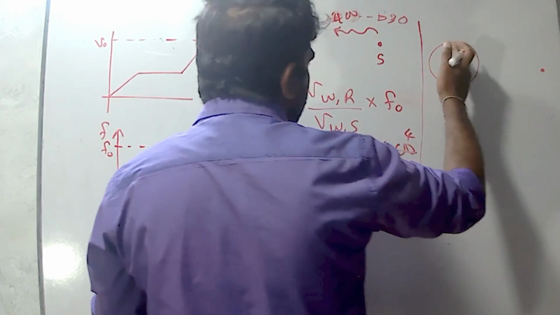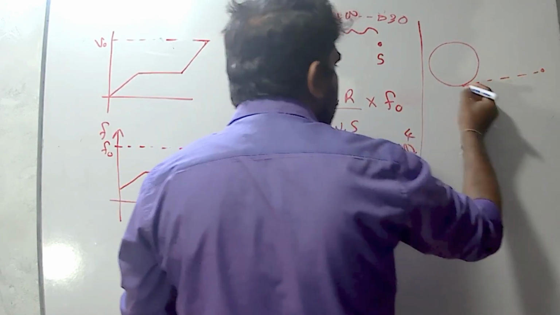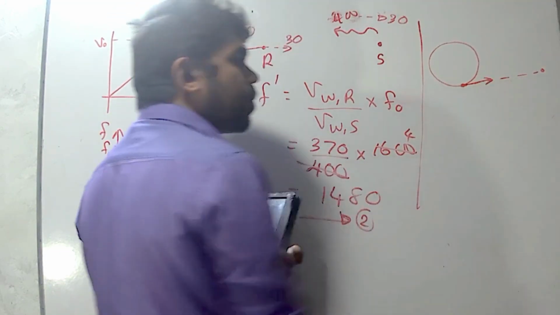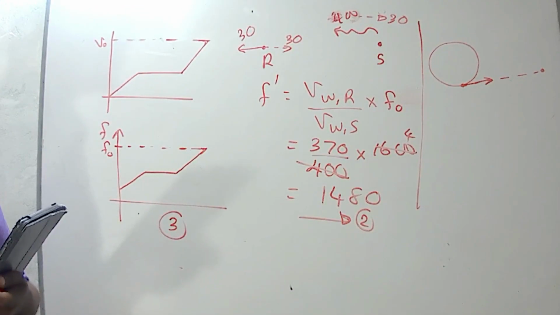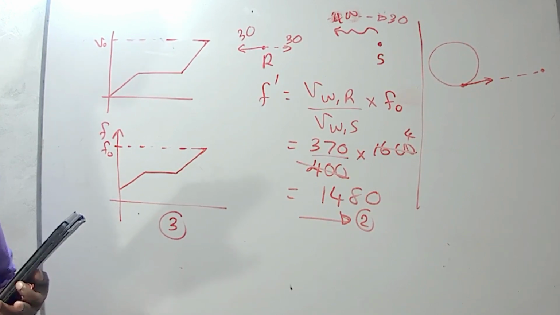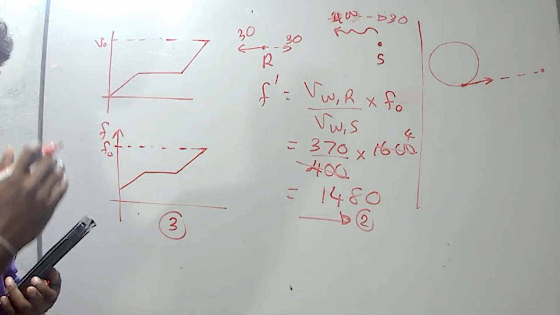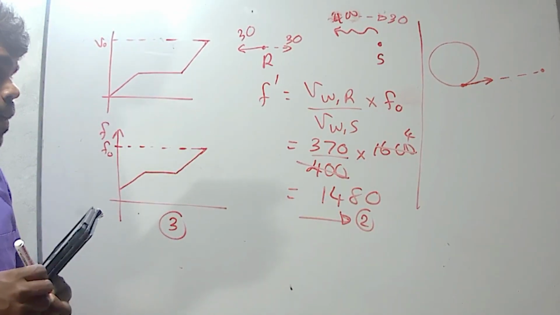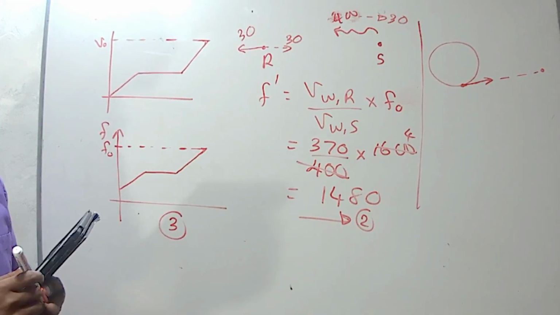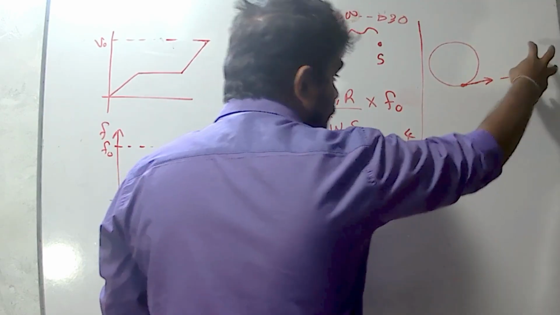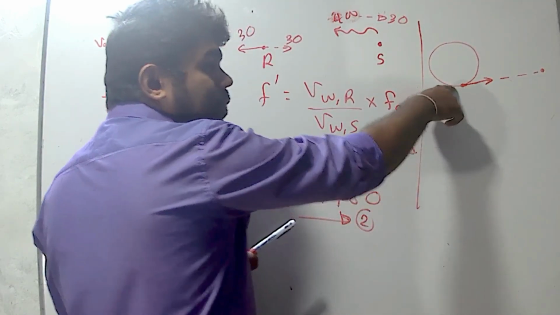If he is near the circle, he can receive a maximum frequency at a point like this, where the source is moving towards the receiver. If the distance between the center of the circle and the observer is greater than the radius, we can consider that he can observe a maximum frequency at this point.